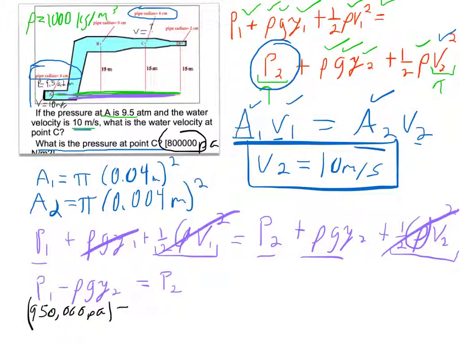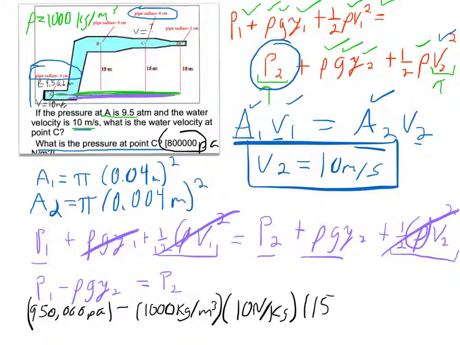Minus rho g y2, okay, rho for water is 1,000 kilograms per meter cubed. Gravity on Earth is 10 newtons per kilogram. And the height of the pipe at point 2 is 15, and I do believe those are m's, it's kind of small now, meters. And that's going to give us pressure 2.